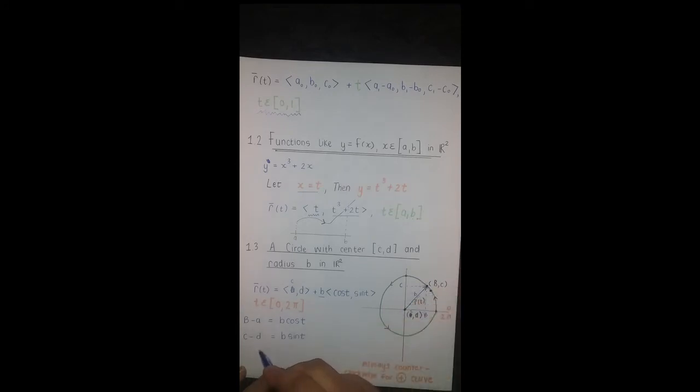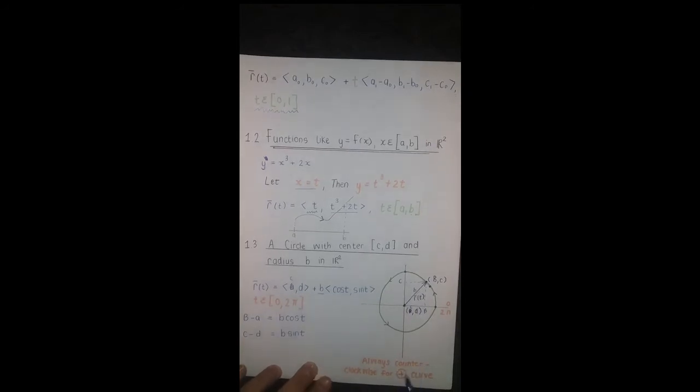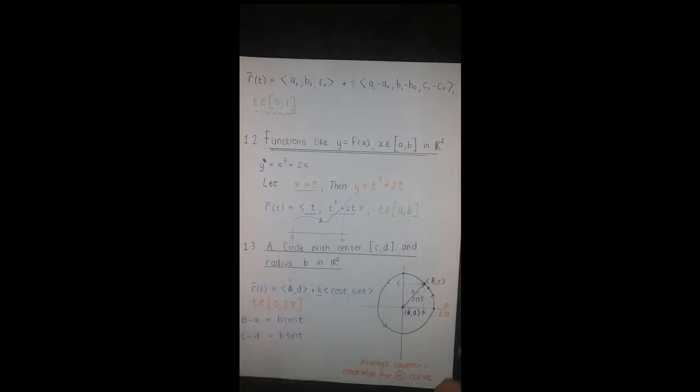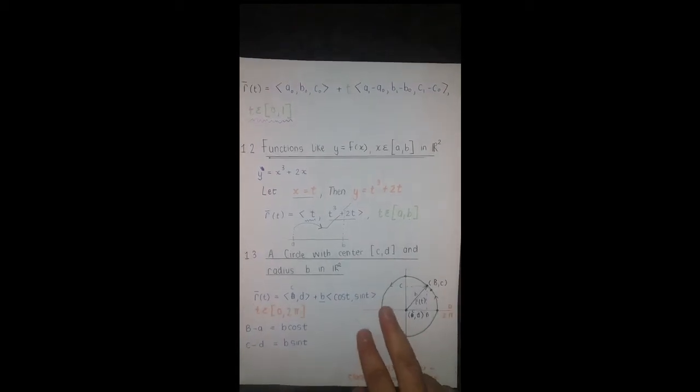C minus d is b sin t. So this just describes how far it moves from this point. And remember that circles are always positive when they are in the counterclockwise direction. So in a few moments, I will describe why I'm saying positive and negative.